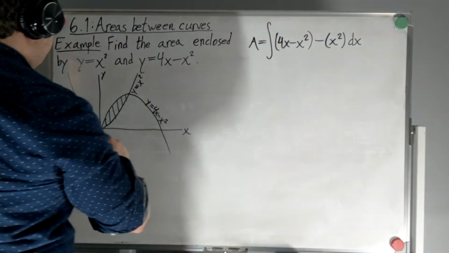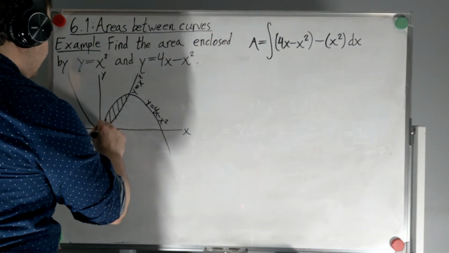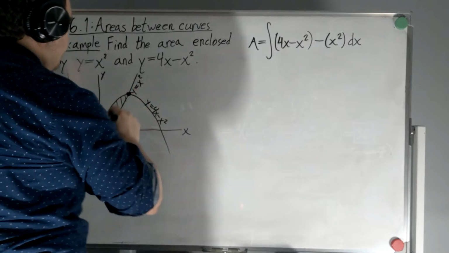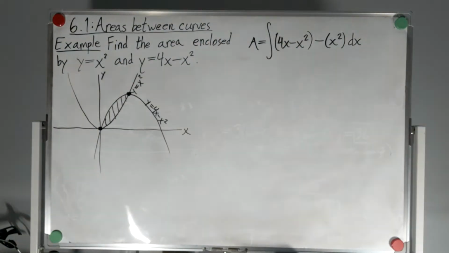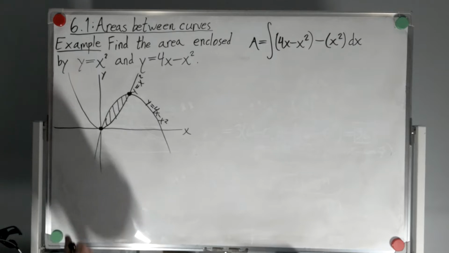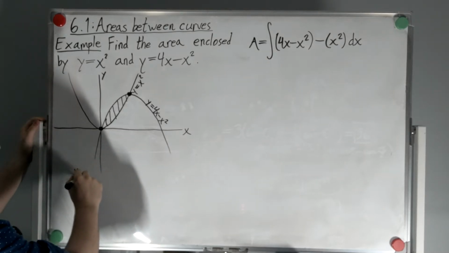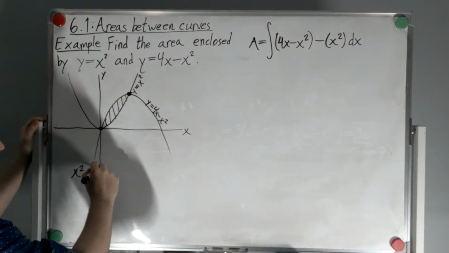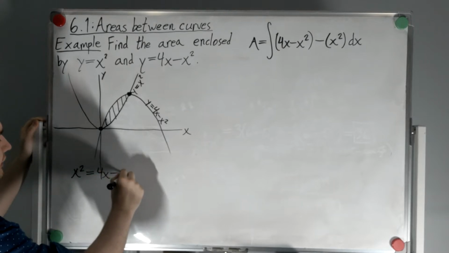So that means we're going to have to once again figure out the x-coordinates of that point and that point. And once again, the way that we do that is we just set these 2 functions equal to each other. So x squared we're just going to set that equal to 4x minus x squared.